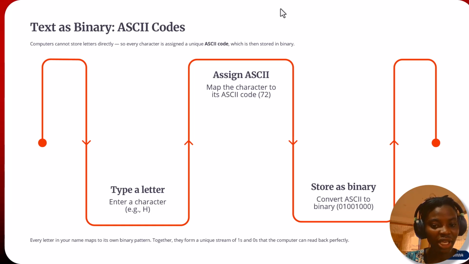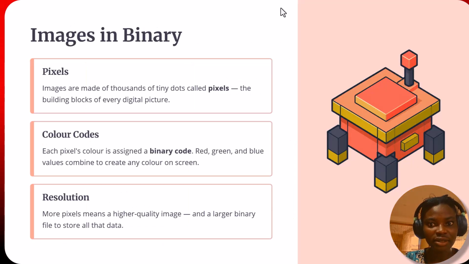These numerical values can then be converted into binary. Therefore, when we type text into a computer, the characters are encoded into numerical and binary representation that the computer can process.